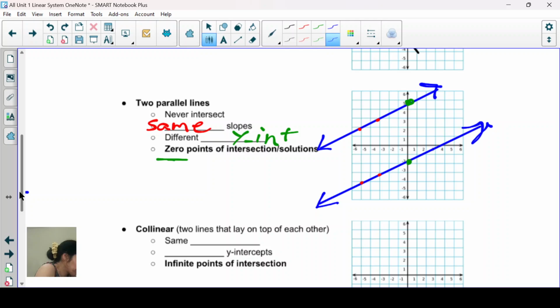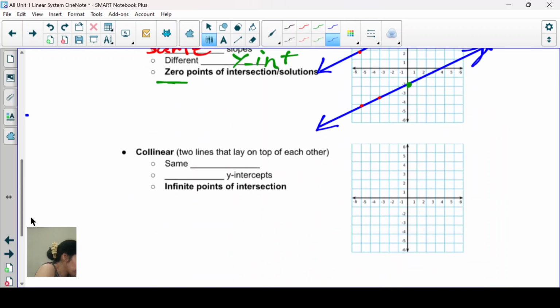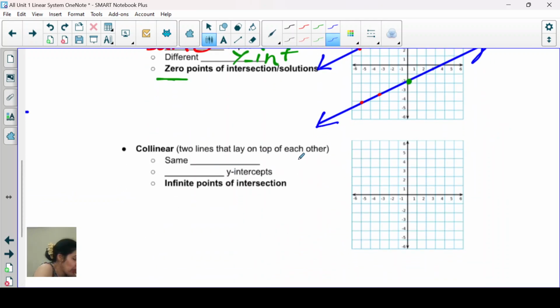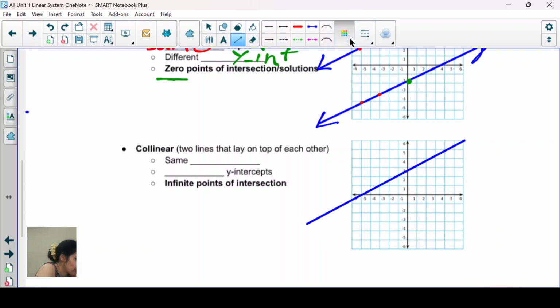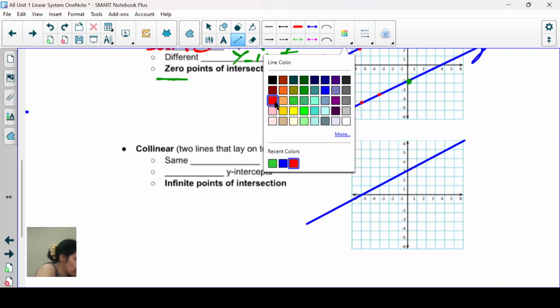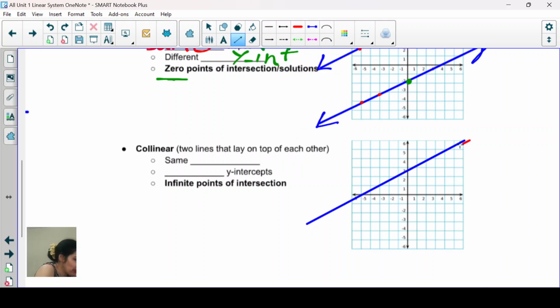Collinear lines are two lines that lay on top of each other. For example, this is one line, and collinear means that the second line is staying on top of the other one. On purpose, I didn't put it exactly on top so you can see both colors.